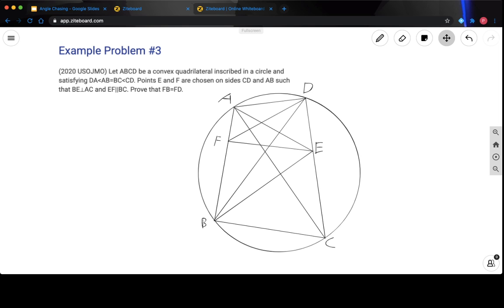And also, in our second sentence, we're given that E and F are chosen on sides CD and AB, such that BE is perpendicular to AC, and EF is parallel to BC. Let's start with point E. We're given that it's on either CD or AB, and also that BE is perpendicular to AC.